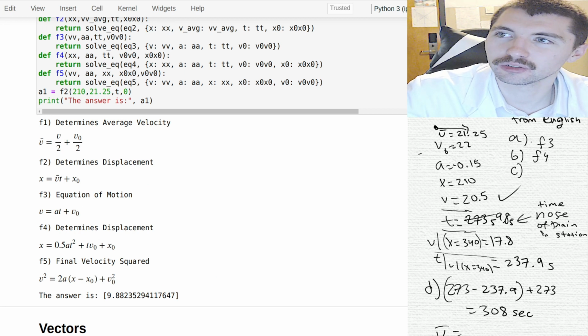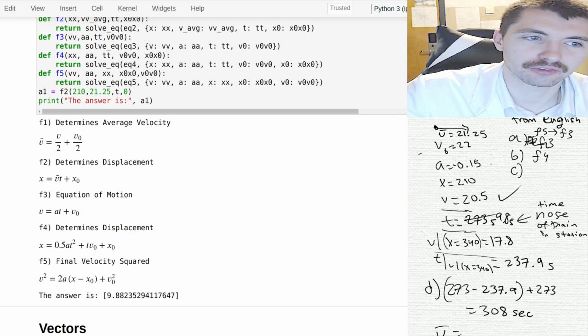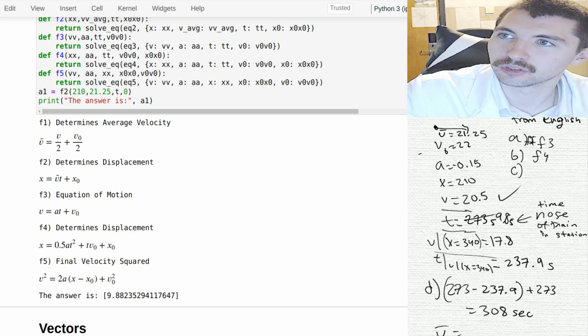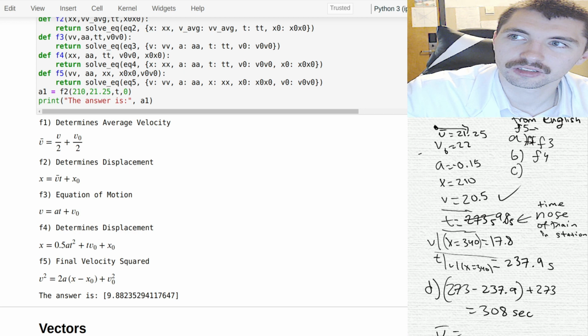So we really used F5 and F3. We did F5 into F3. No, F2. So we used F5 into F1 into F2.